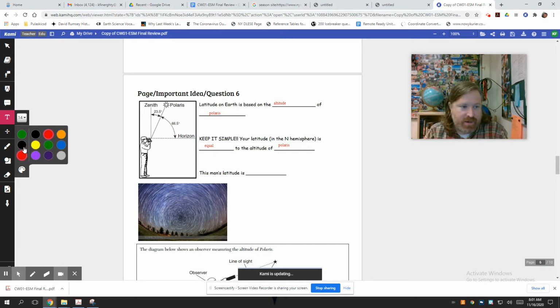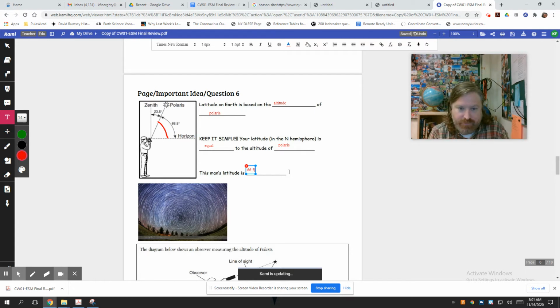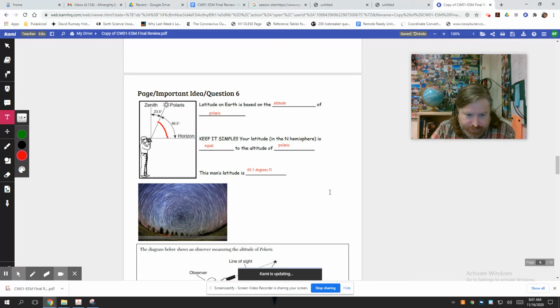So this dude right here is looking up at that angle of 66.5 degrees to see the North Star, Polaris. Therefore, his latitude is 66.5 degrees north. Only works in the northern hemisphere.